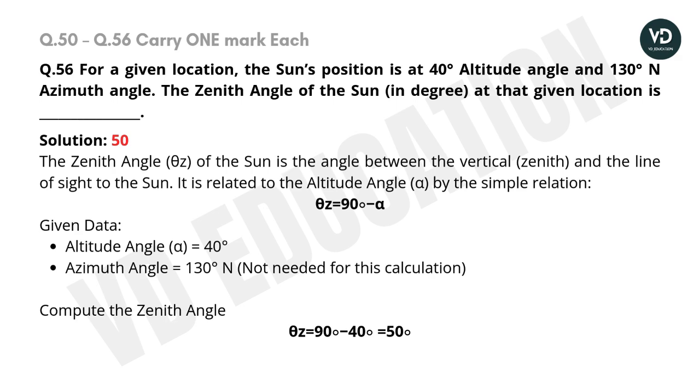Here the given data is altitude angle of 40 degree, and the azimuth angle of 130 degree is not needed for this calculation. So to compute the zenith angle, it will be 90 degree minus 40 degree, so the answer is 50 degree. This is a 1 mark question. This is a very simple question and this is a new type of question in GATE architecture.